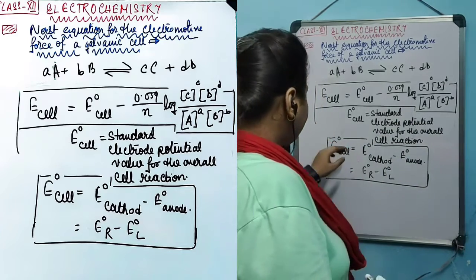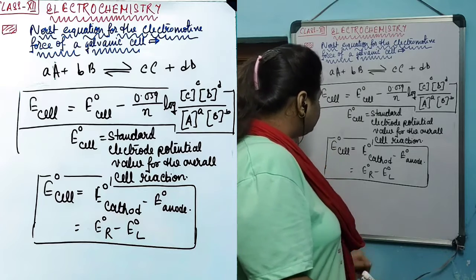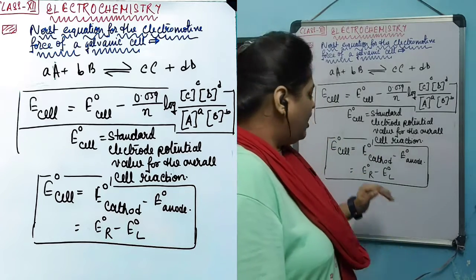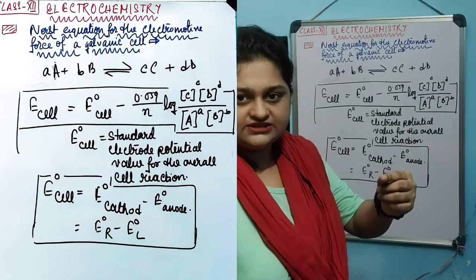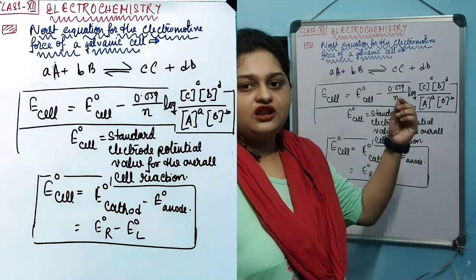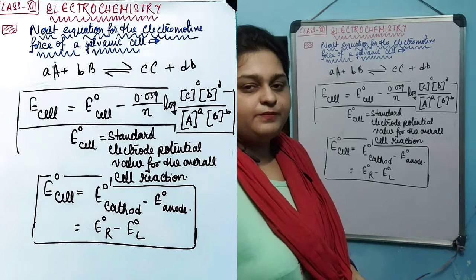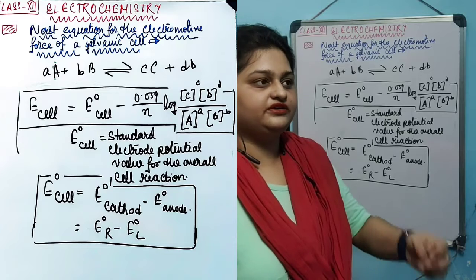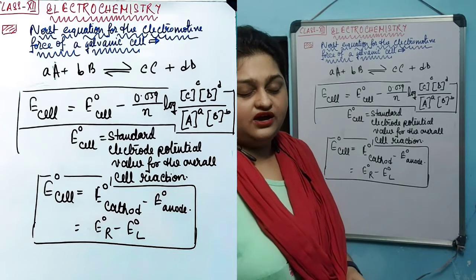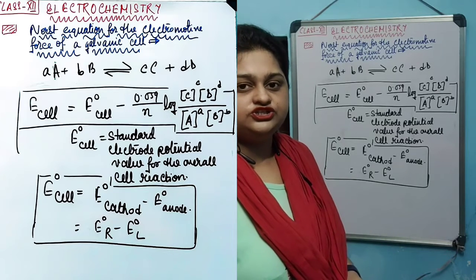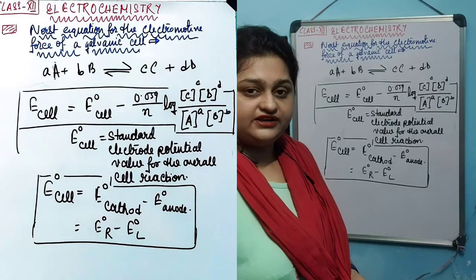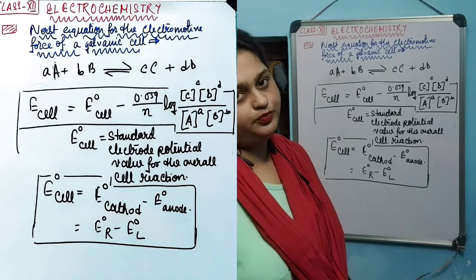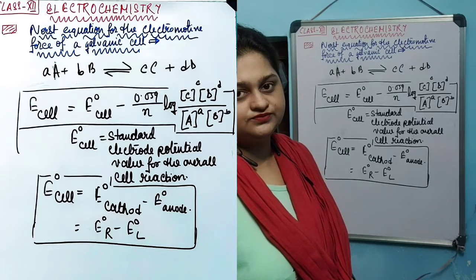That is, E naught cell equals E naught R minus E naught L, R representing the right hand side electrode and L representing the left hand side electrode. That is, by subtracting the standard electrode potential of the left hand side electrode from that of the right hand side electrode, you can find the standard electrode potential of the cell.